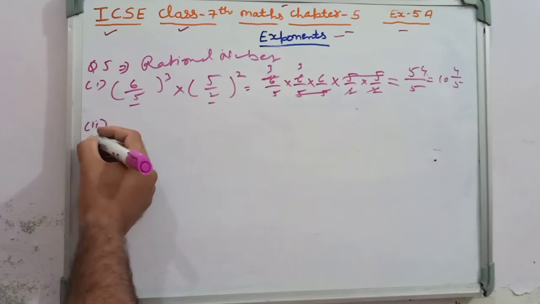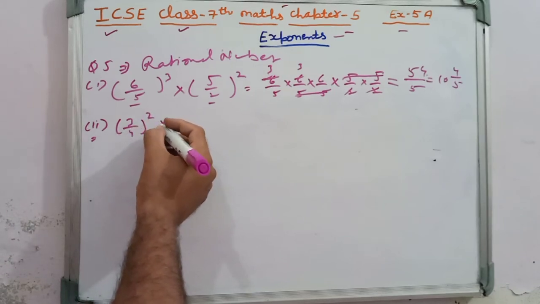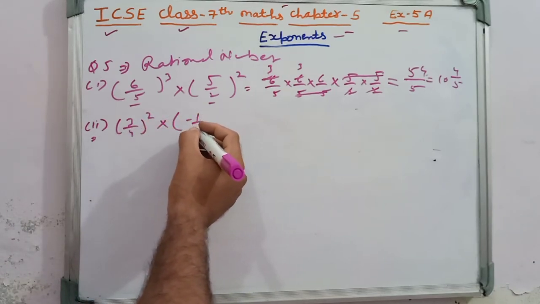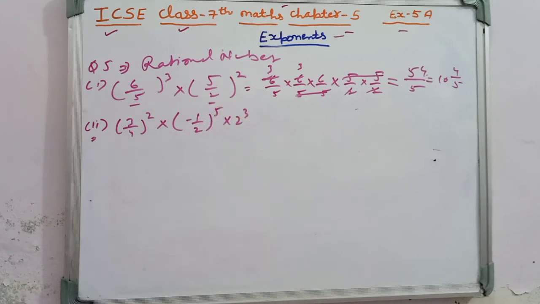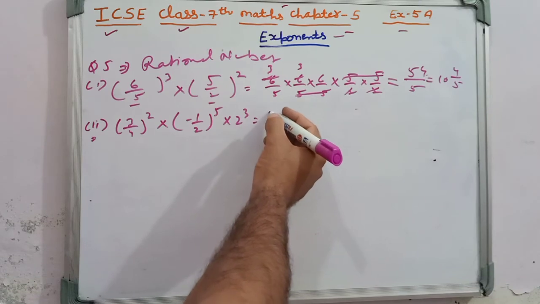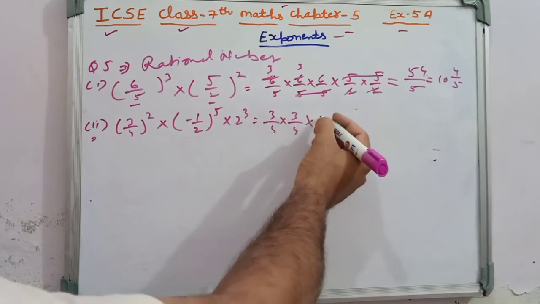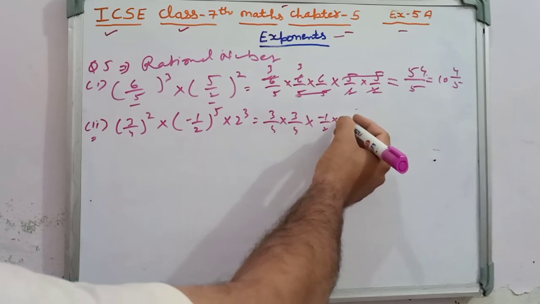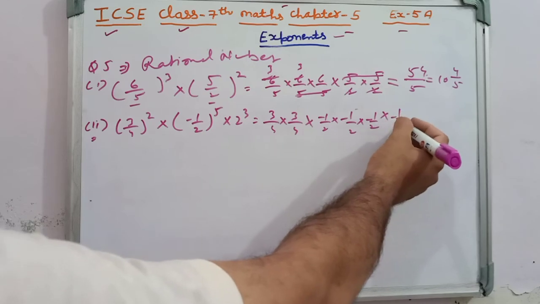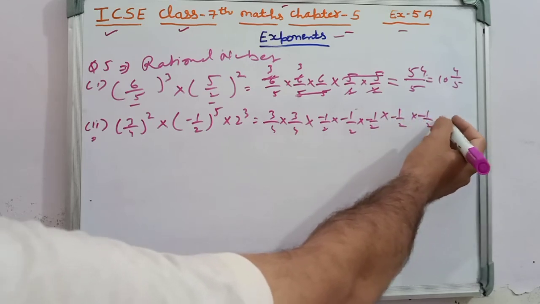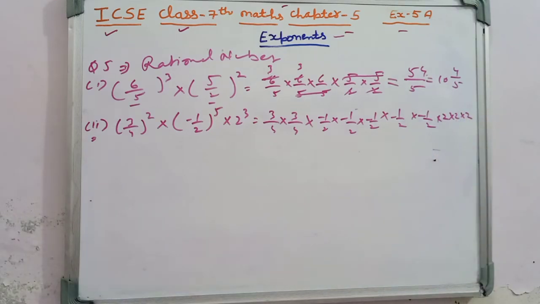Now second part is 3 upon 4 raised to power 2 multiplied by minus 1 upon 2 raised to power 5 multiplied by 2 raised to power 3. No need to panic. 3 upon 4 multiplied 3 upon 4 multiplied minus 1 upon 2 five times, multiplied 2 into 2 into 2.